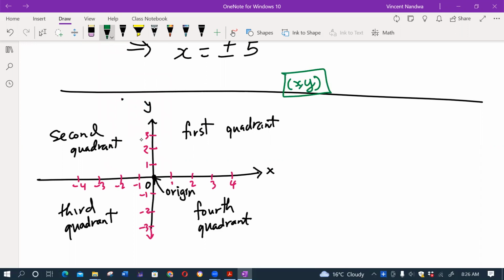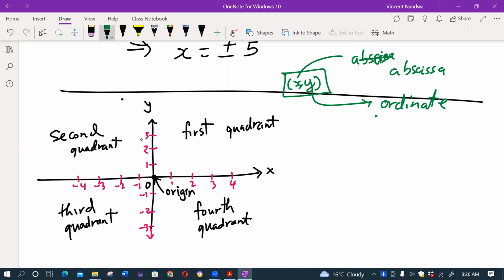And x is usually what we call the abscissa, while the y value is called the ordinate. So for any point, you start with the abscissa followed by the ordinate.